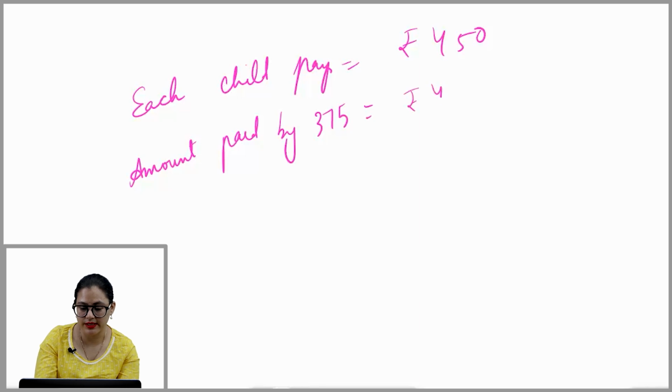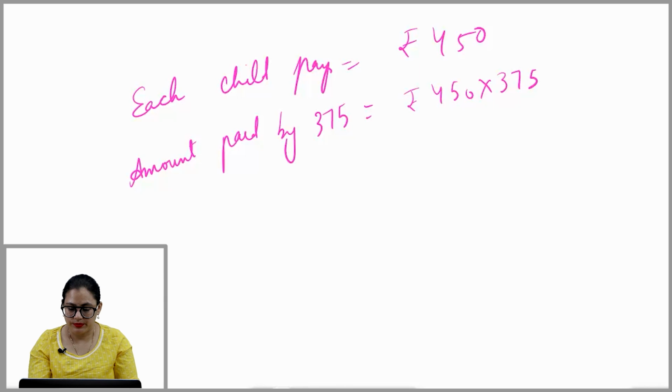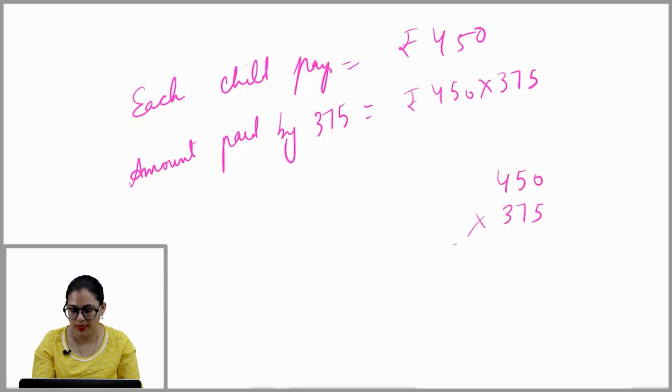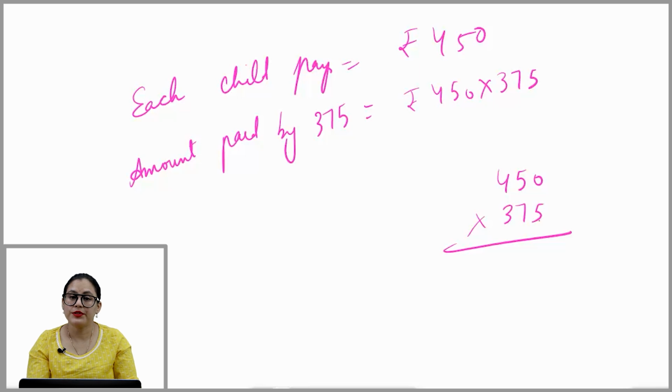We will multiply these two numbers. So 450, 375. We'll first multiply this number by 5. 5 zeros, 0. 5 5s are 25, 2 carry over. 5 4s are 20 plus 2, 22. Now, 375 is 300 plus 70 plus 5.